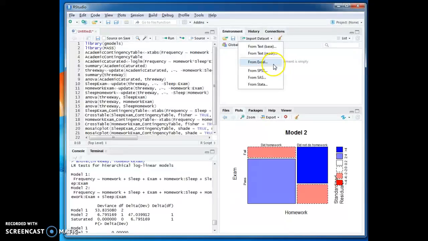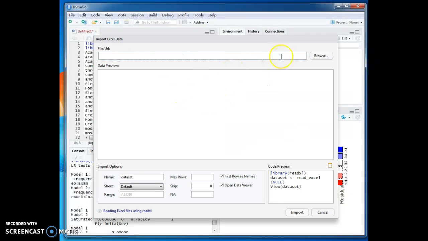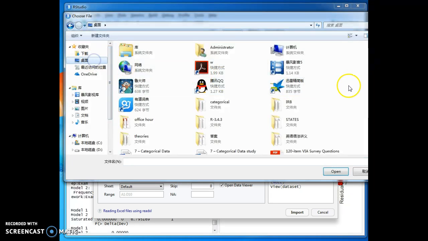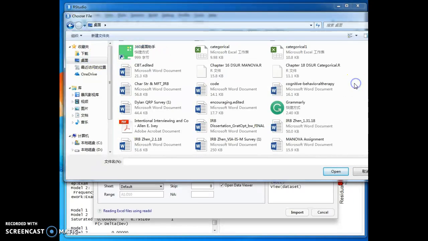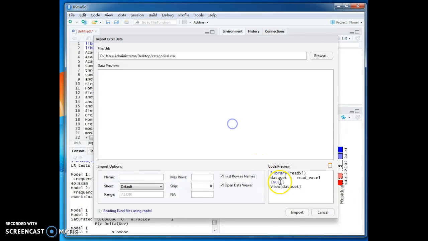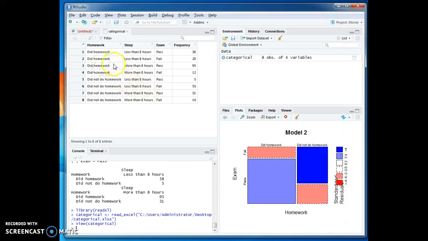For my research question, I'm interested in looking at the relationship between sleep and homework, to see if they affect whether students pass or fail their exam. So this is the data file I have. I have people who did their homework and people who did not.